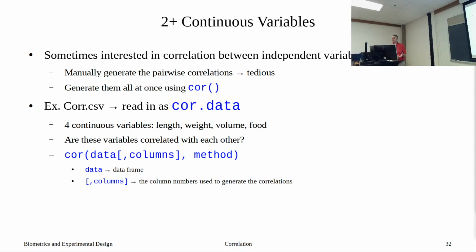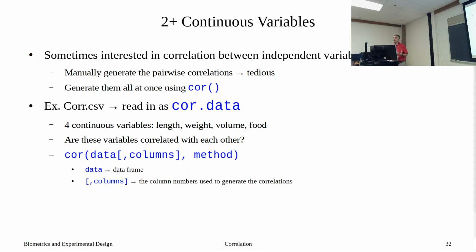So as we add continuous variables to our models, one of the assumptions is that those variables are not correlated with each other. It's like length and weight and volume. We know those are correlated. We can calculate volume from lengths and weights, or approximate volume from lengths and weights.